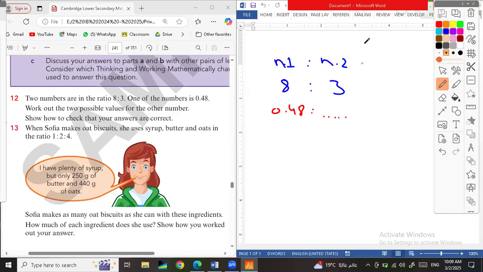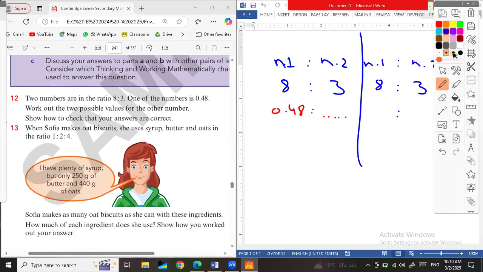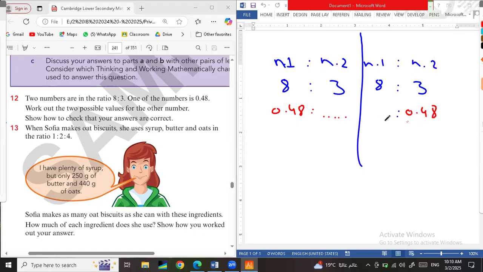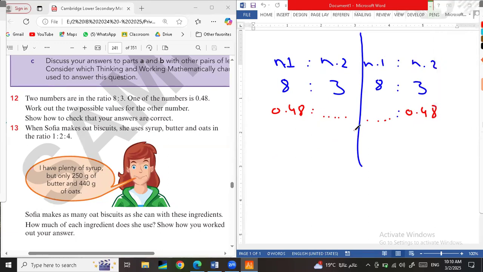Here is the first number, the second number. Here is 8, here is 3. And if this time I say the 0.48 is actually the second number, they did not determine which one 0.48 is. But in this way, mister, the other number can be one of two different values. Yes, exactly.